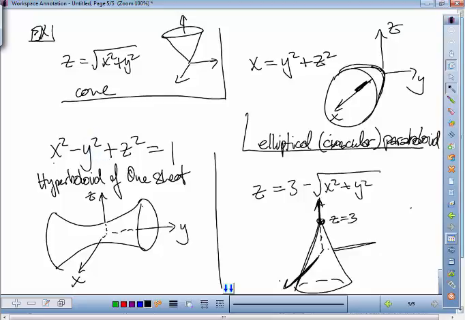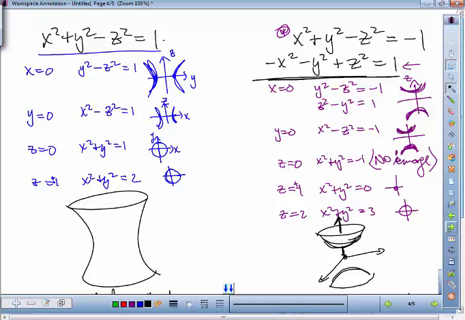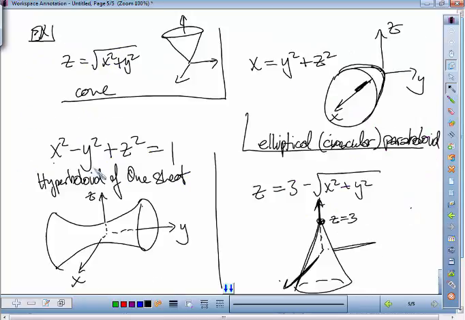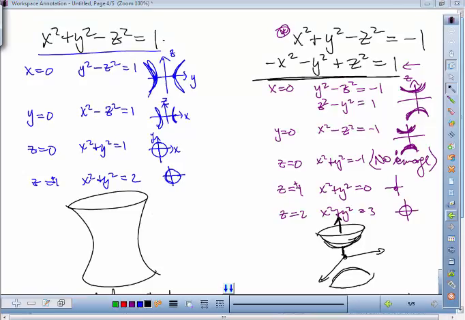And if it were negative x plus y plus z, then it would open up along the x. So if you look at the templates that we have here, the z is the one with a different sign from the x and the y. And so this is opening up along the z. Okay?